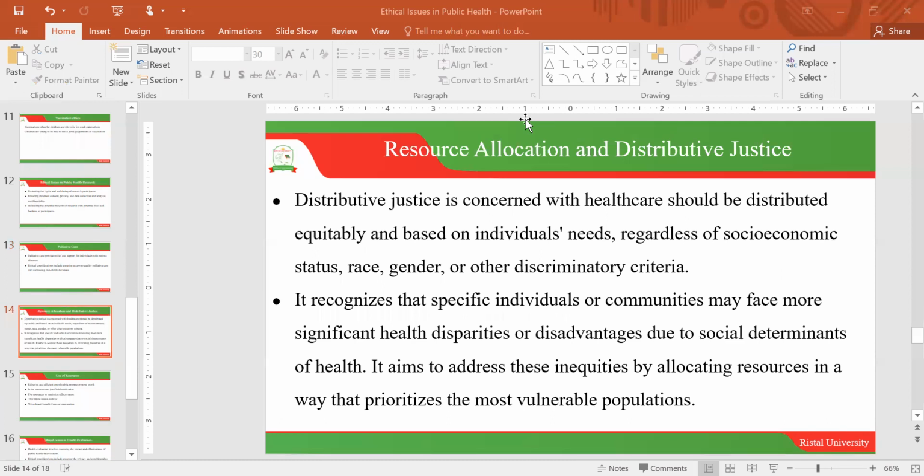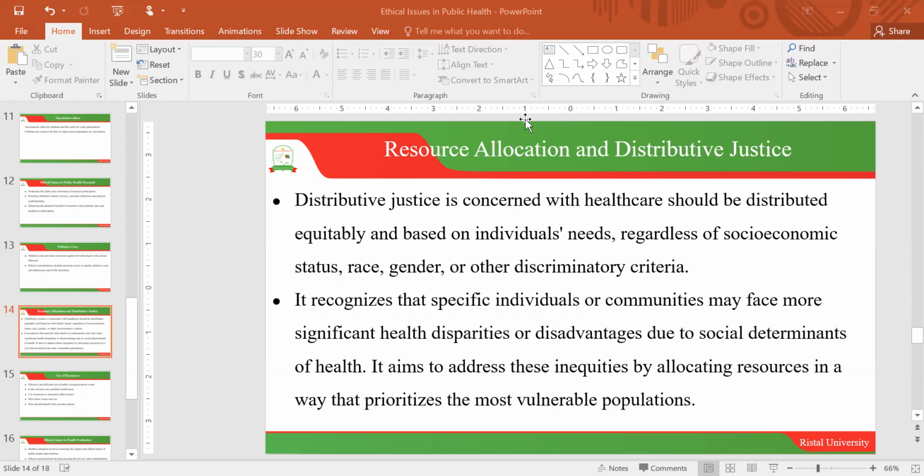So we move to resource allocation. Where do you put money? Across our discussions in the previous slides, you can see that we have been talking about this a lot. But the emphasis is on ensuring that you don't discriminate. Make sure that everyone within the population has equal access to healthcare resources. So you address issues to do with health disparities, which is that you don't want some people to be better off than others.